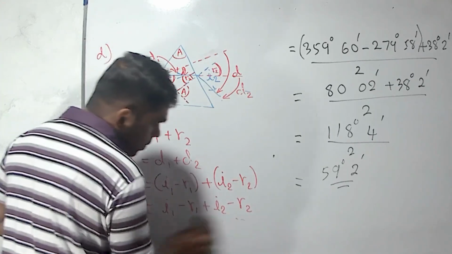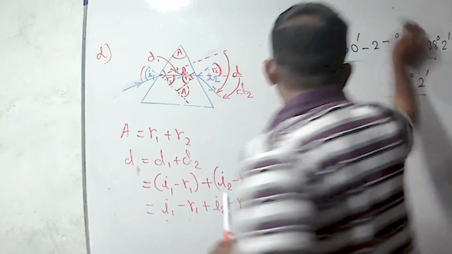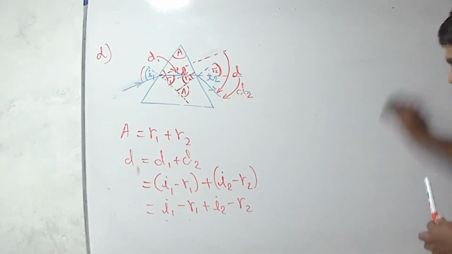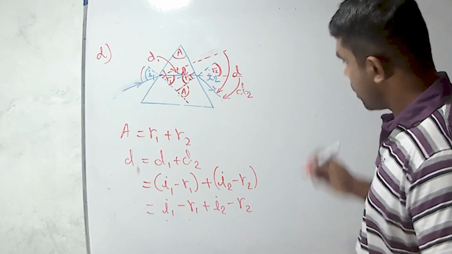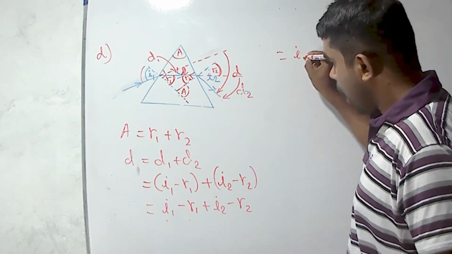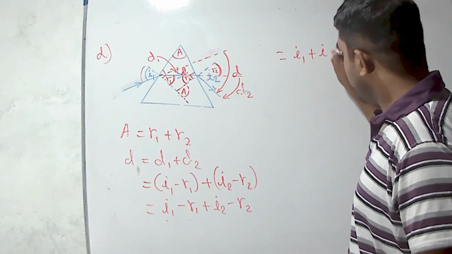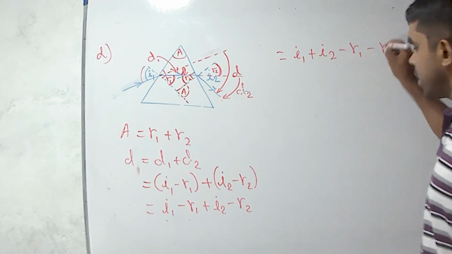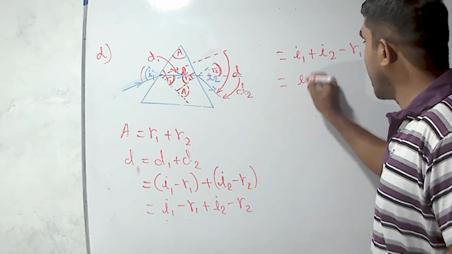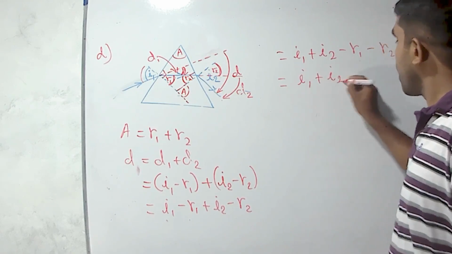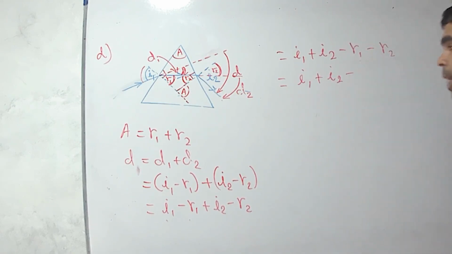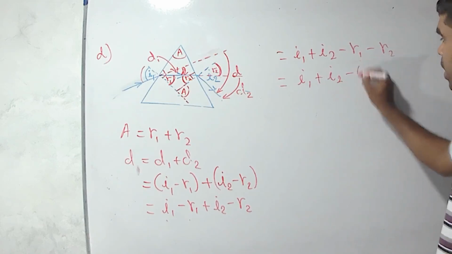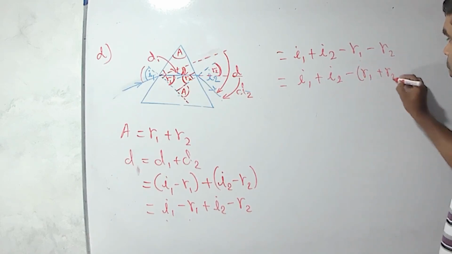Then I will get I1 plus I2, minus marked as a common factor from these two terms, R1 plus R2.